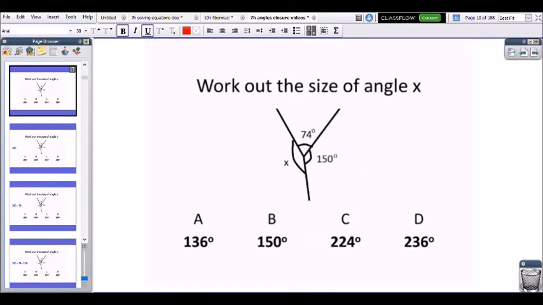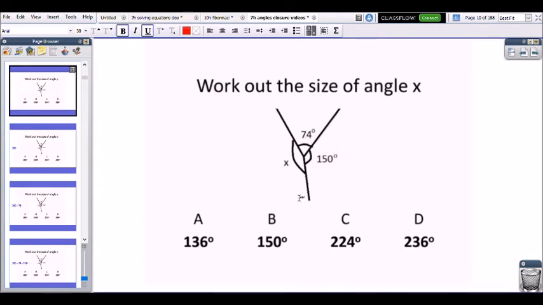At this stage, please can you pause the video and try this question. Your question is work out the size of angle X, and you're going to use the angle fact that we just learned. We know that if we have angles around a full circle, they must add up to 360 degrees altogether. To work out this missing angle X, we need to take the whole 360 degrees and take off these two angles that we've got.